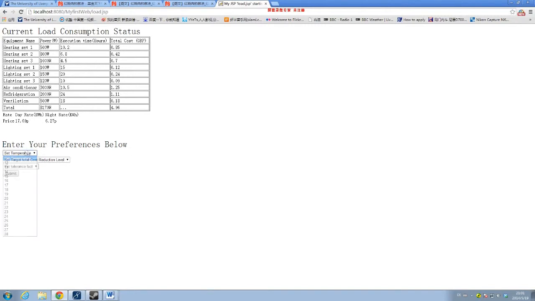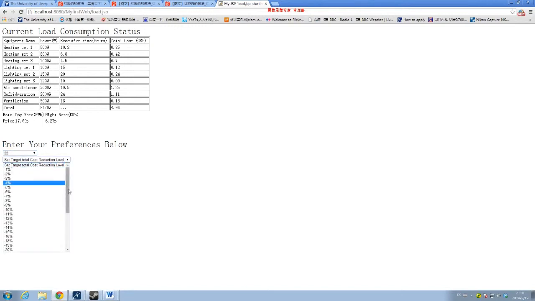And also, if you are not happy with your current load consumption, you can enter your preferences below. You can set your preferred temperature, say 22 degrees. This is an important parameter to set your heating devices.